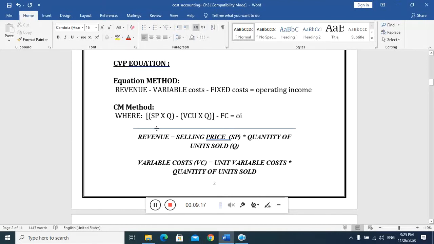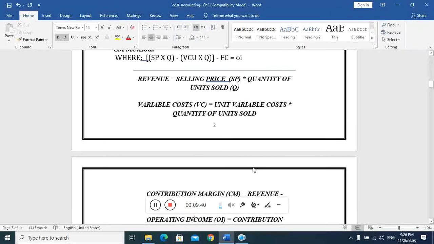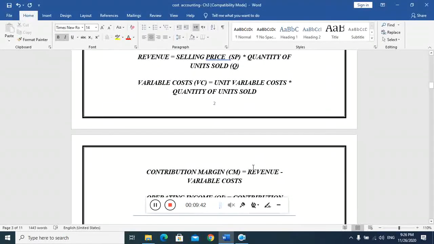So instead of writing selling price multiplied by quantity of units sold, we can use SP multiplied by Q. Variable costs, which is variable cost per unit multiplied by quantity of units sold, and fixed cost is constant.